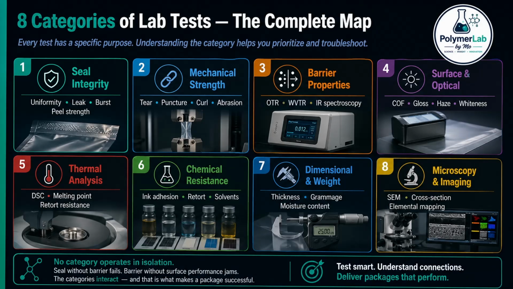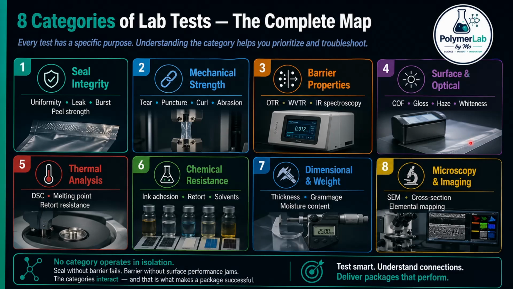I have organized all the tests we are going to cover into 8 categories. Let me give you a quick overview before we go deep into each one. Seal integrity, the tests that confirm your package stays closed. Mechanical strength, how the film and laminate respond to force, tearing, and puncture. Barrier properties, oxygen and moisture transmission.